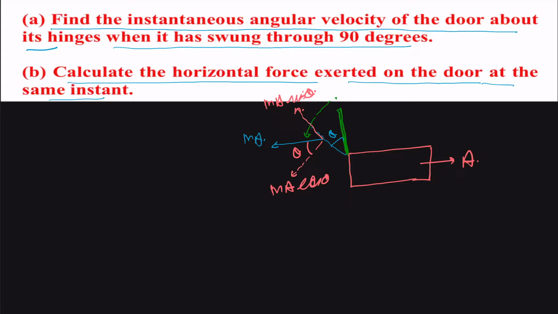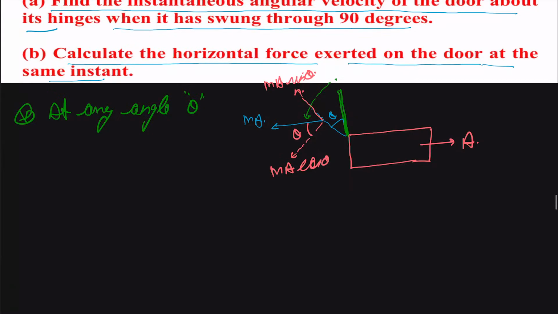And therefore we can say that our torque, which will try to close the door, at any angle theta, the instantaneous torque. We are only talking about instantaneous because this truck is continuously moving. Okay.